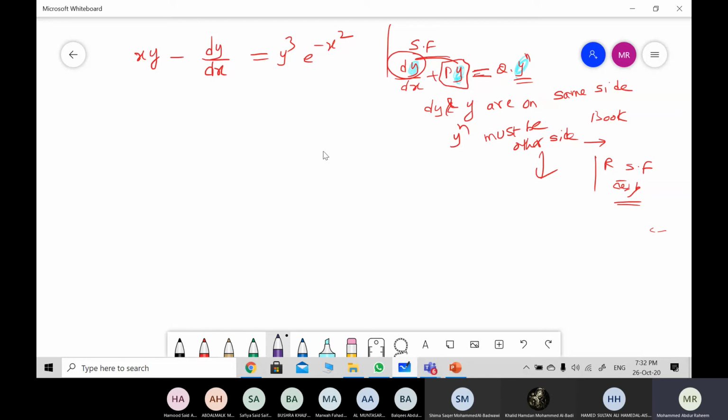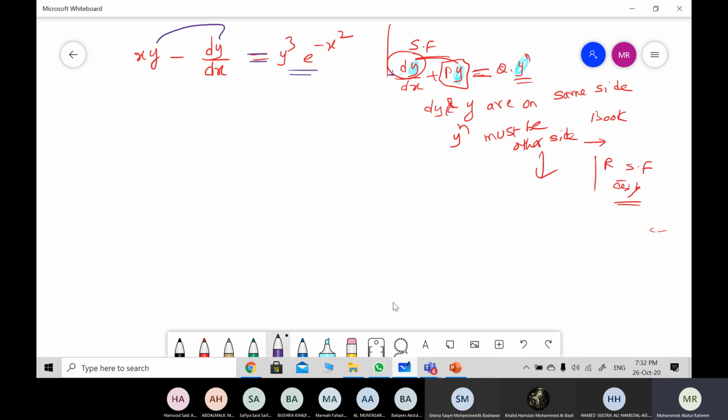Now see, dy and y are on one side, okay. This is also okay. But the problem is, what is the coefficient here? Here the coefficient may be anything, no restriction.